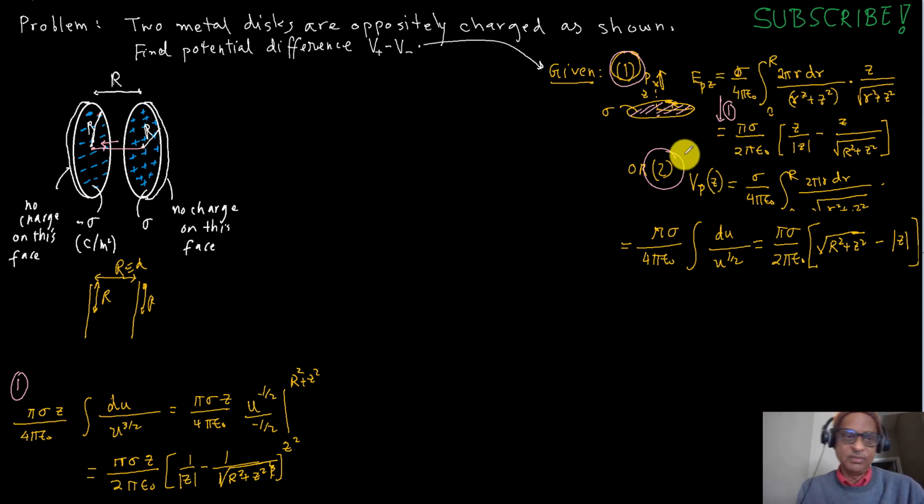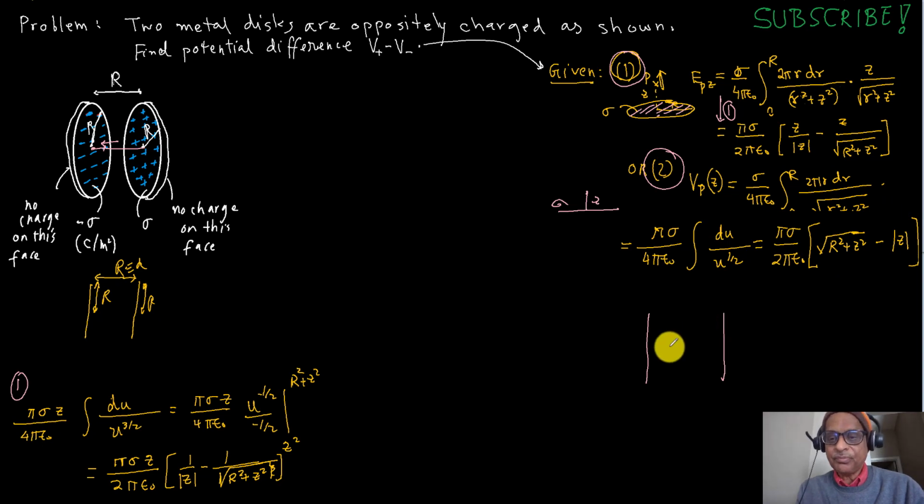Or you're given the potential at some arbitrary point. So here are two disks again, and this one is from a disk to some point, a distance z from this. If this was sigma, what the electric potential will be from one disk.